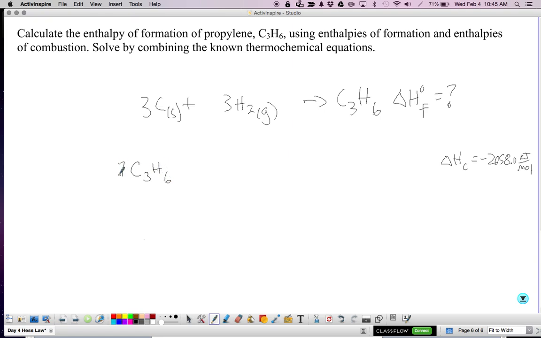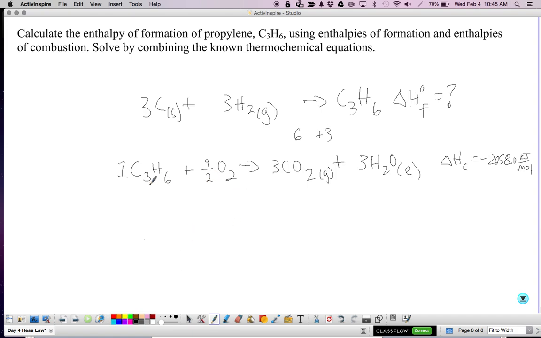Now remember, I have to burn 1 mole of this, plus oxygen yields CO2 gas plus H2O liquid. And then I'm going to have to balance. I'm going to need 3 of these, and 3 of these. And so this is 3 times 2 is 6, plus 3 more is 9, so I need 9/2 oxygen.